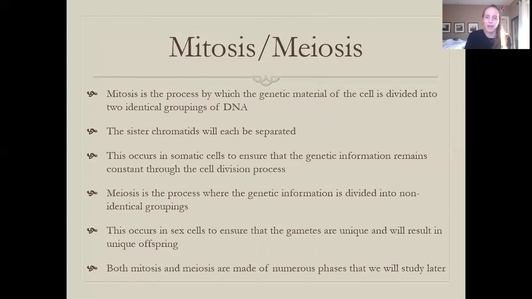So with either mitosis or meiosis, you are taking the genetic information and dividing it into different groups. If it is mitosis, the genetic information in the original cell gets replicated, so it gets duplicated, and then 1 copy of the original gets sent to each new cell. So the 2 new cells are identical to each other and the original.